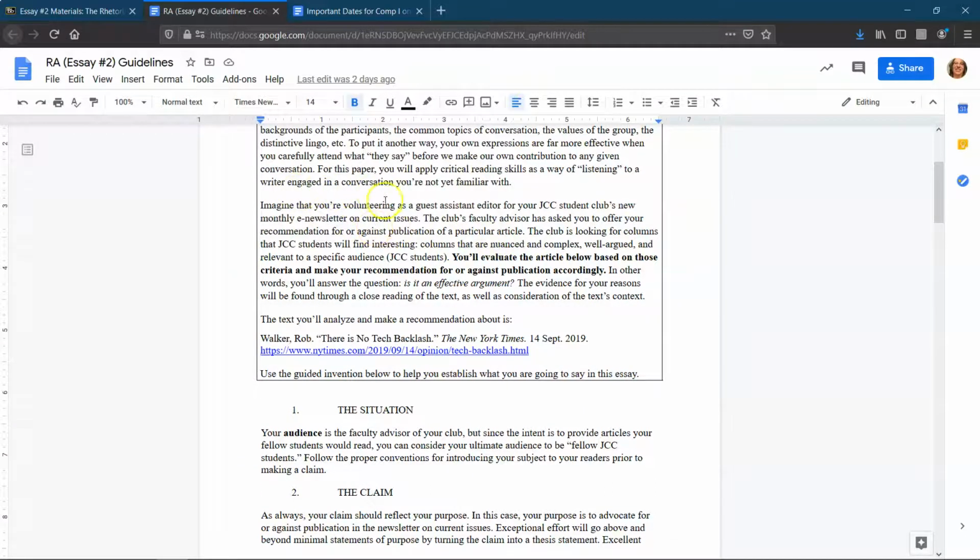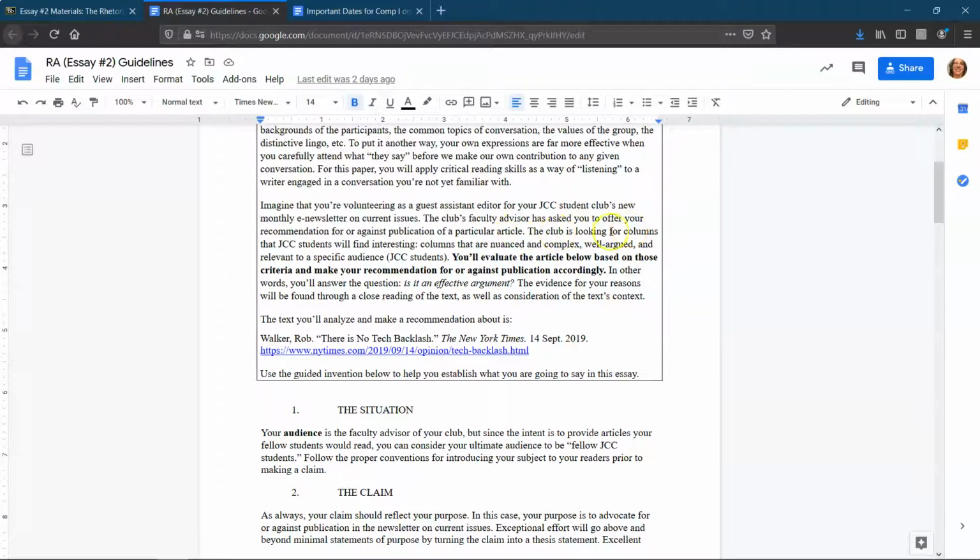So imagine that you're volunteering as a guest assistant editor for your JCC Student Club's new monthly newsletter on current issues. The club's faculty advisor has asked you to offer your recommendation for or against publication of a particular article.